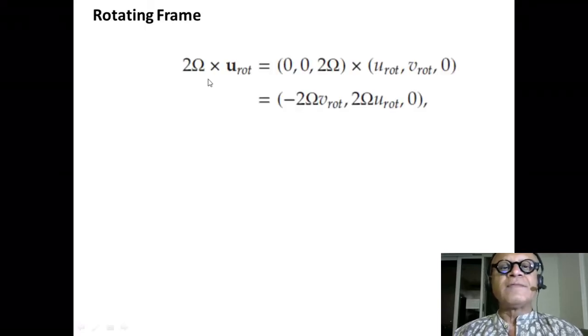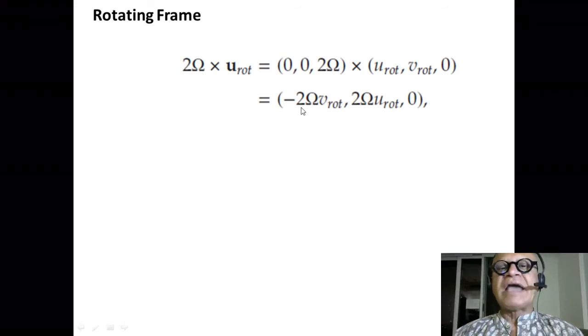So going further into this rotational framework, writing Coriolis, 2 omega cross u rotation, as (0, 0, 2 omega) crossed with (u rotation, v rotation, 0). We are still assuming there is no w. Then you can do this cross product. I'm sure you know how to do it with the matrix and so on.